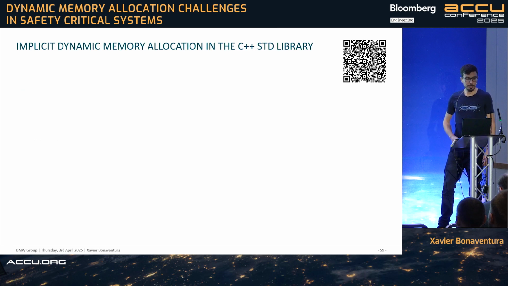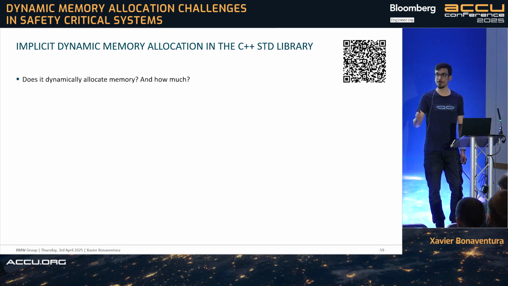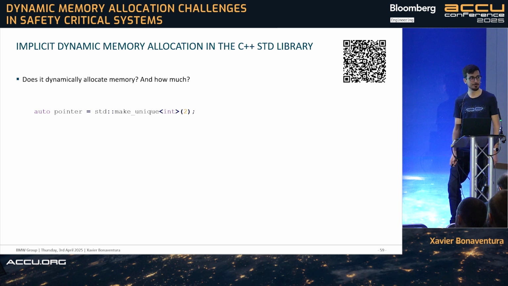But now let's go to the standard library. Let's play a game. The game is called, does it dynamically allocate memory? And how much? make_unique of an integer of 2. Does it allocate? Yes.